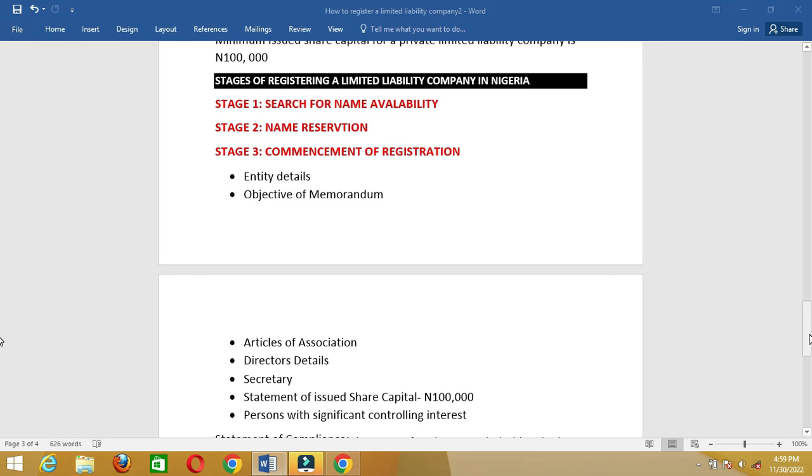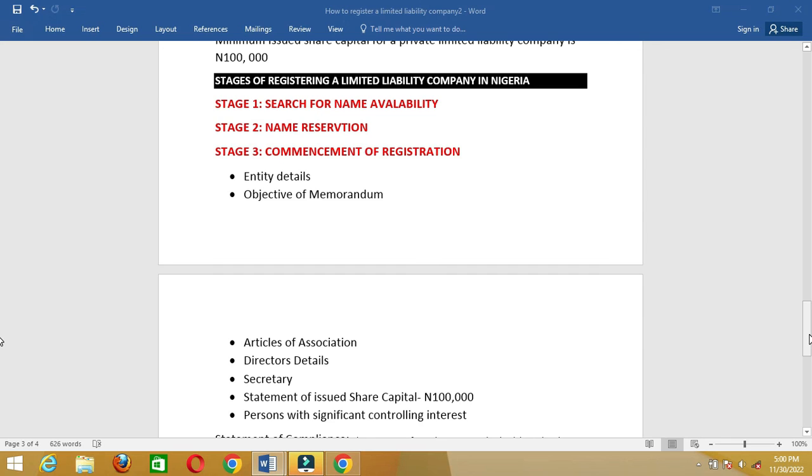The reason is that when you rush and apply for name reservation without confirming if that name is still available, CAC is going to reject your request. And when they reject it, that simply means you need to search for another name and submit to them. By doing that, you're just wasting your time and your money.